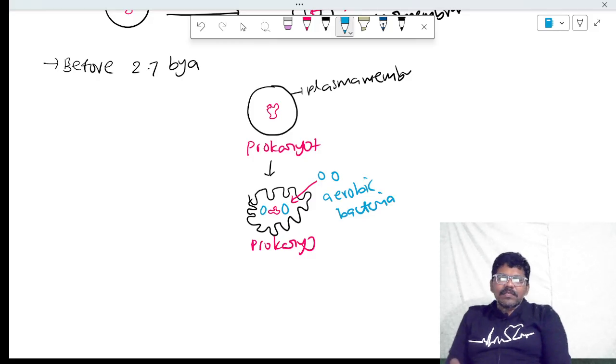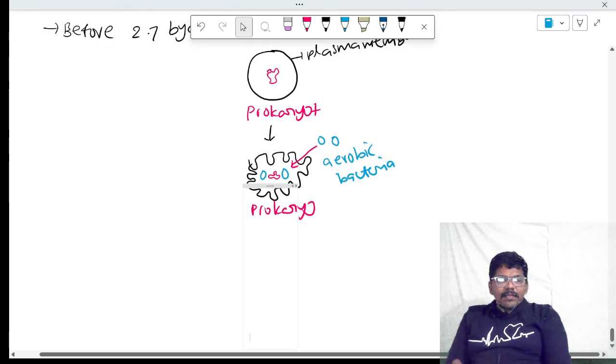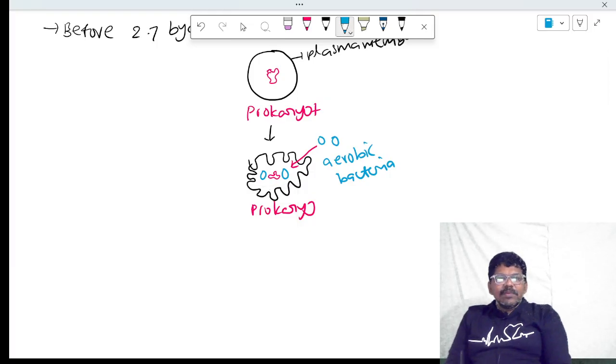Obligate symbionts means that before entering the prokaryotic cell, the aerobic bacteria could live by itself, but after entering, it survived within the prokaryotic cell, and later if you remove that aerobic bacteria from the prokaryote, it will die. The reason is that it became an obligate symbiont.